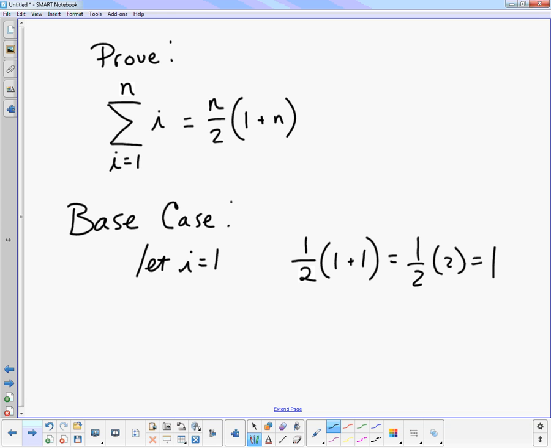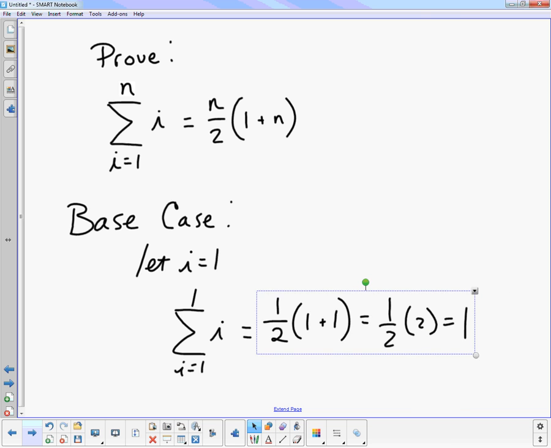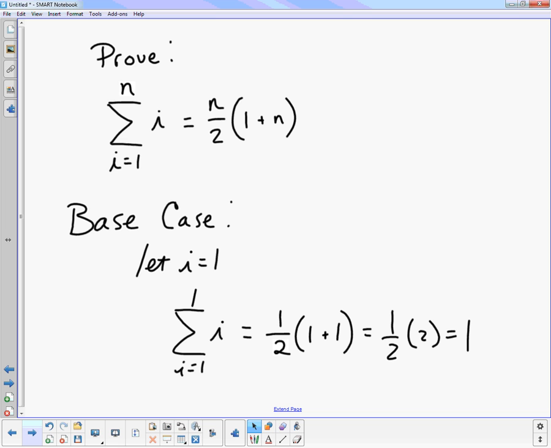So the sum of i from 1 to 1 is 1. Does that make sense? If you wanted to, you could do others, but the fact of the matter is the first example worked. It actually is a true statement, at least for the first number.